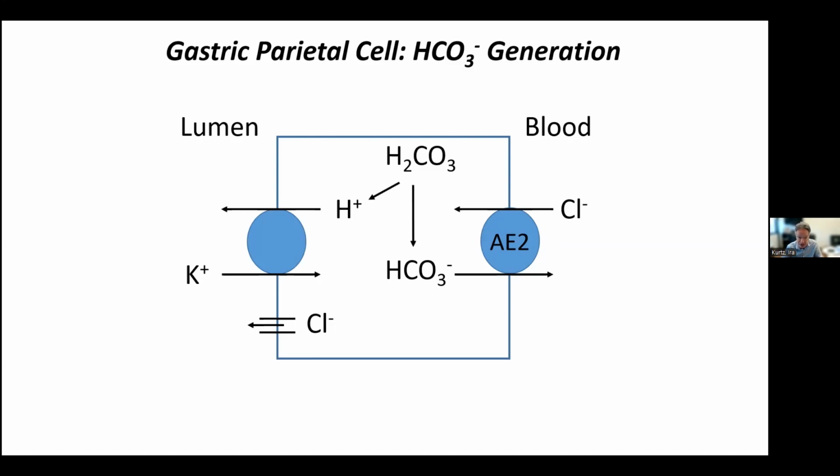And what happens here is the normal gastric acidification is created by a proton potassium ATPase. It transports a proton in one direction in exchange for potassium. It splits ATP, which is not shown here. It requires ATP to function.